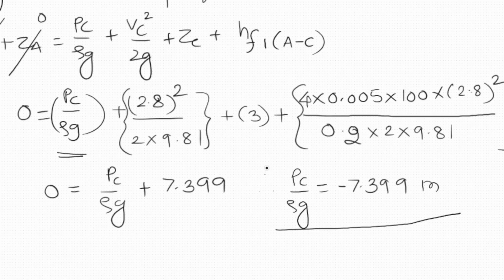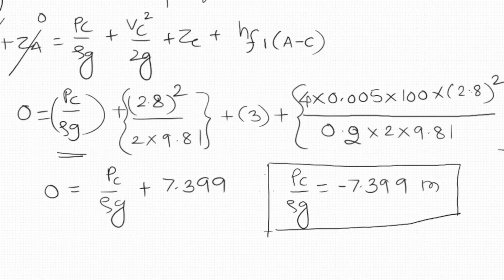Now understand friends, while solving the numerical, the atmospheric pressure is not mentioned. The atmospheric pressure is not given in the numerical. So that's why we are saying it as a 0, and that's why we are getting the value of PC by rho G as minus 7.399 meters.